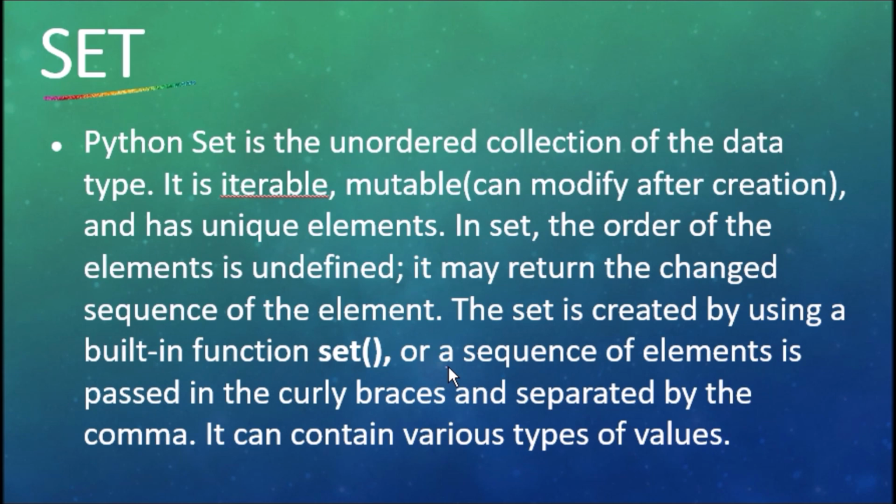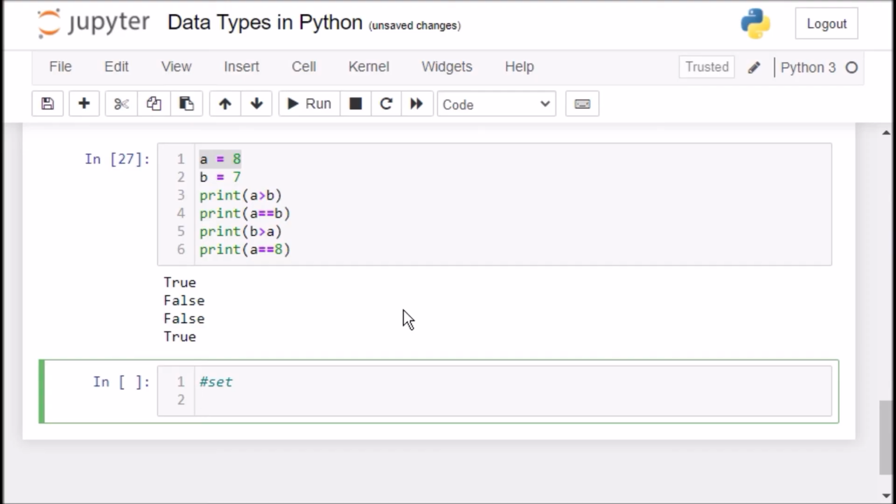Let's jump to the Jupyter notebook and take some examples of set. As you can see in the theory part, set is defined with the keyword set. So now I'm defining a set, set 1.